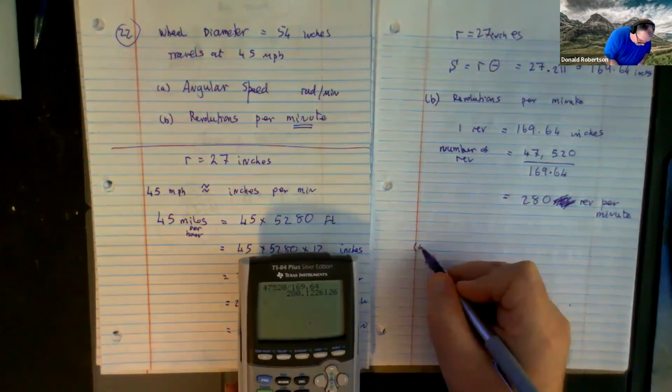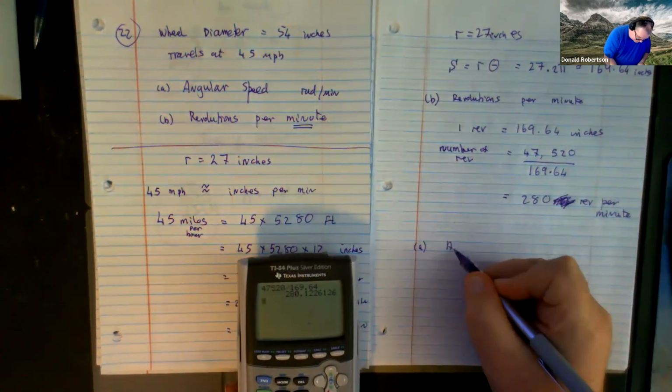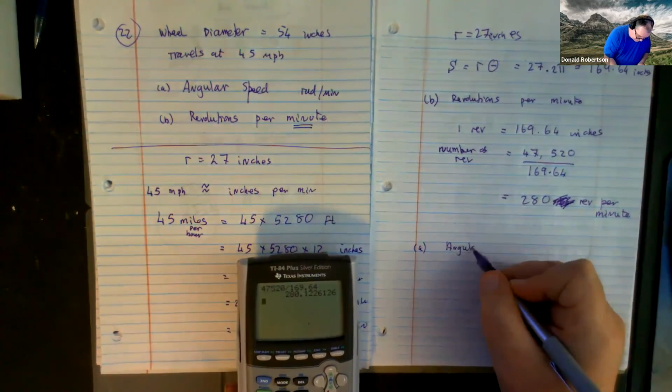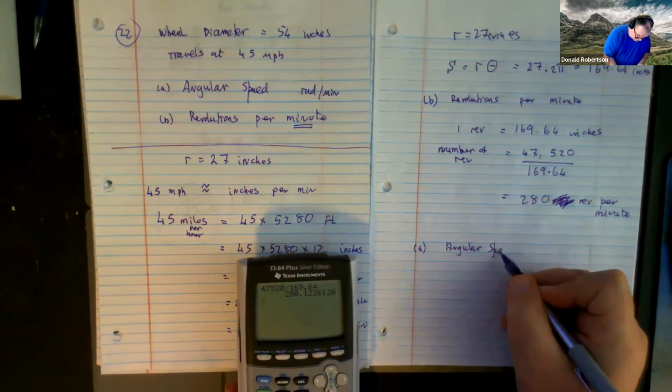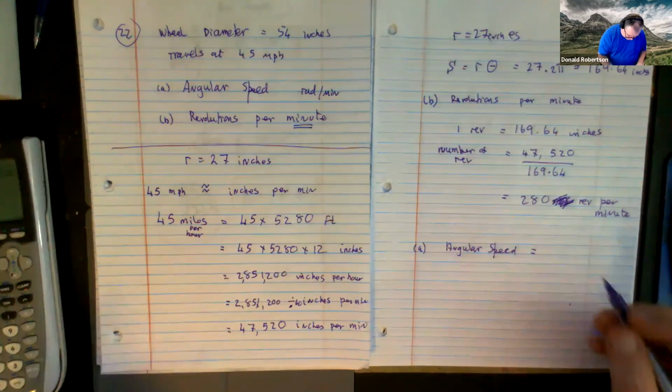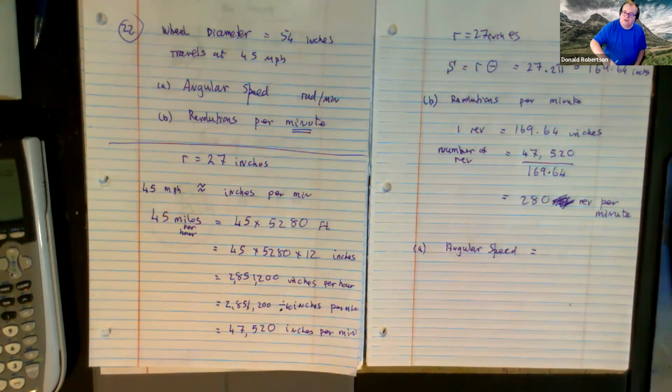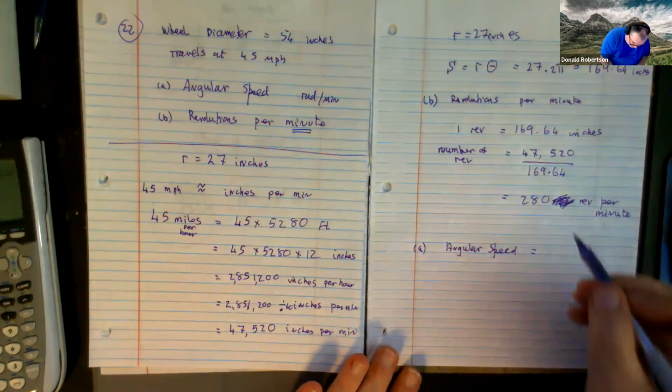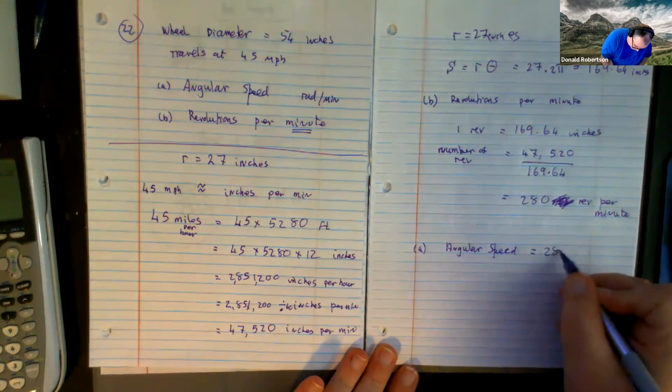And now I'm going to do angular speed. Now the angular speed is basically how many radians does it turn in a minute? Well, I've got 280 revolutions.